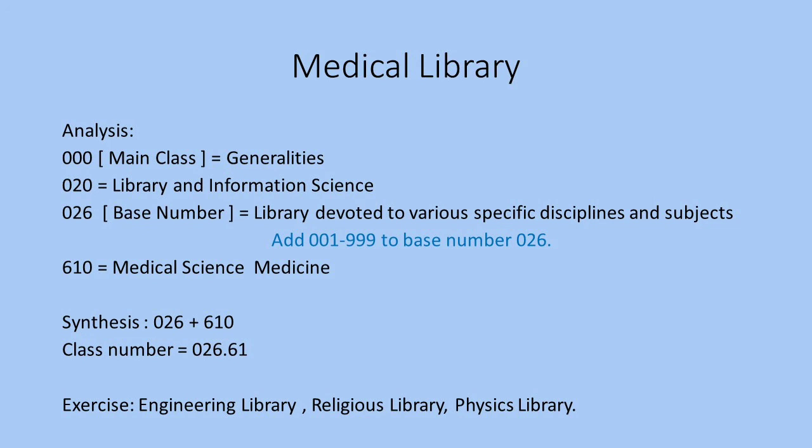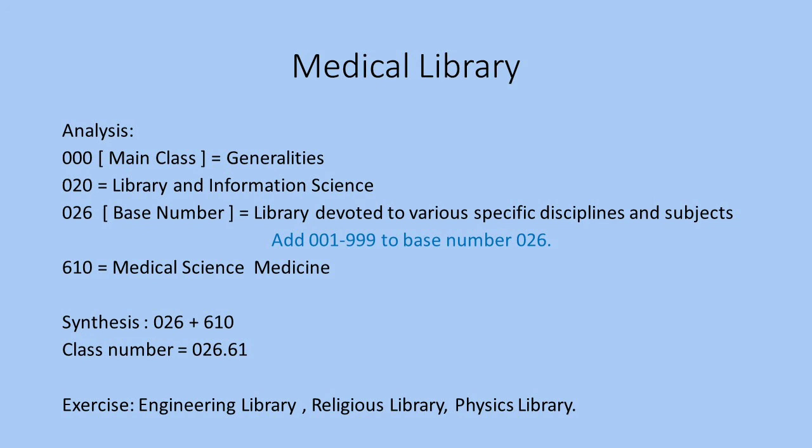Okay, under this notation you will get an instruction. This instruction is, I have written the instruction in a different color: add 000 dash 999 to base number 026. That means our base number will be 026. That's why I have written base number in square brackets beside the 026.